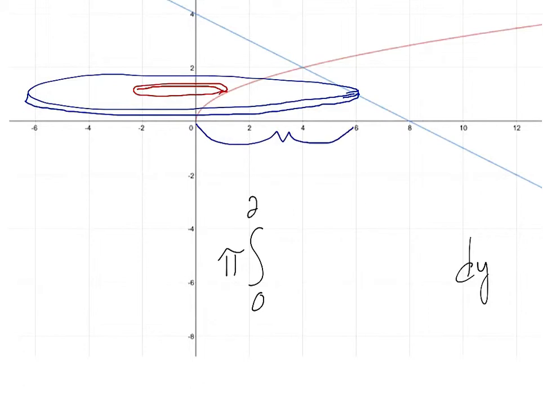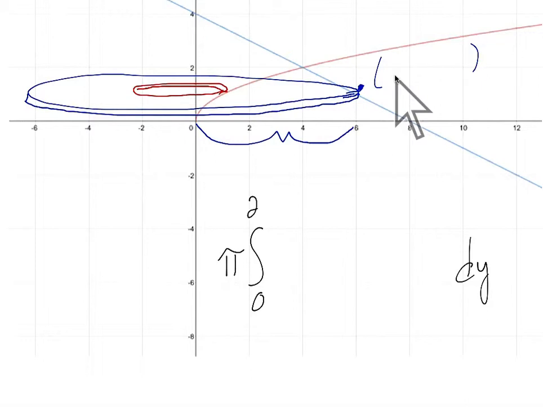that distance right there. A point right here, what we're interested in is the x coordinate of this point to figure out how much that radius is. We want this to be with respect to y, so we want to write this x coordinate in terms of y.